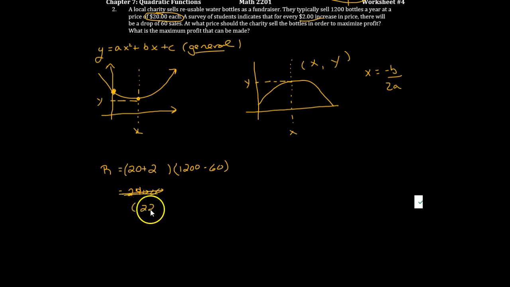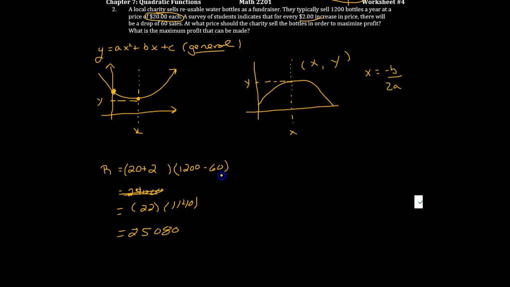It's going to be $22 for a bottle. But the sales dropped by 60, so they're down to 1,140 bottles sold. However, they will make more money. $25,080 versus the $24,000. Okay, not bad.